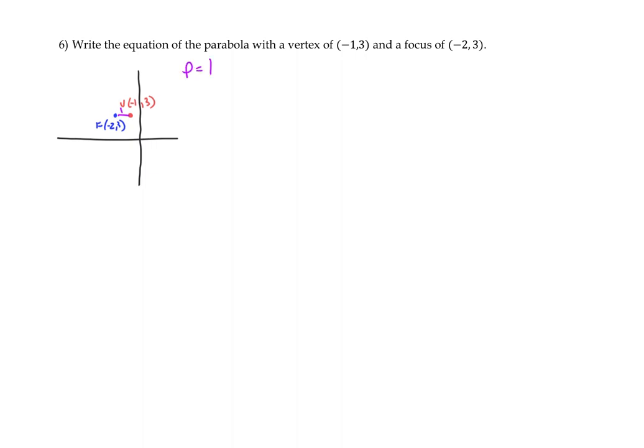I also know that this is opening sideways because the focus is always inside the parabola. So this is opening left, so that makes my p negative, and this makes this a y squared equation. So y minus the y coordinate of the vertex squared equals 4 times the p times x minus the x coordinate. And there's my equation.